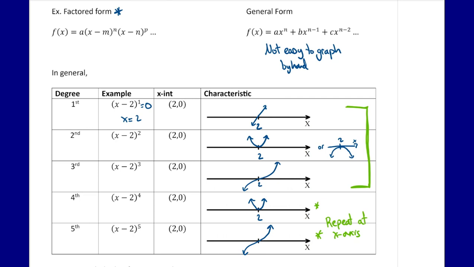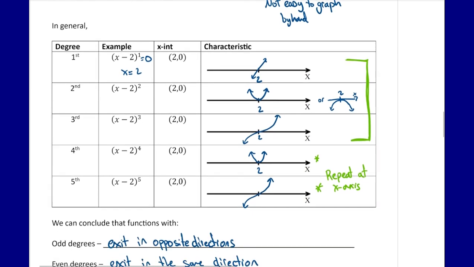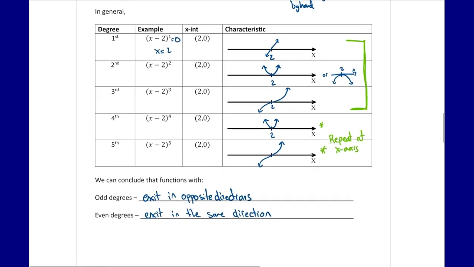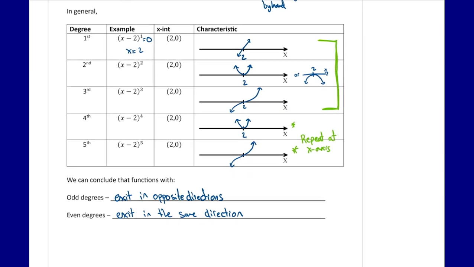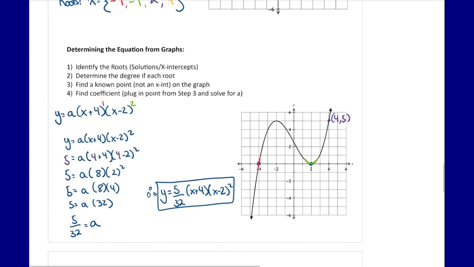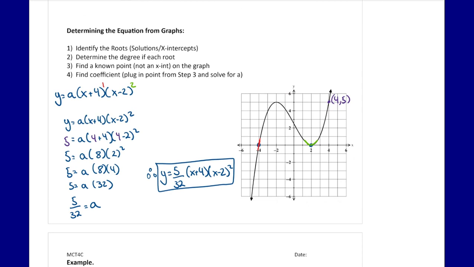The odd numbers after 3, so 5, 7, 9, 11, would have the same characteristics as a degree 3 or that S shape. The other thing is recognizing odd degrees enter and exit in opposite directions, even enter and exit in the same direction. Those are the main characteristics we need to focus on, because that will help us, 1, sketch our functions, and 2, determine the equation of our functions.